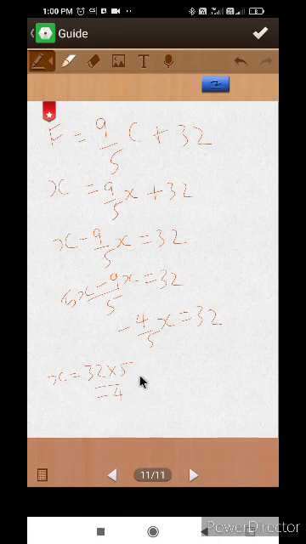Which implies that x equals minus 160 upon 4. So 4 4s are 16, that is x equals minus 40 degrees. So minus 40 degrees Celsius will be the same as minus 40 degrees Fahrenheit. So the correct answer is minus 40 degrees Fahrenheit.